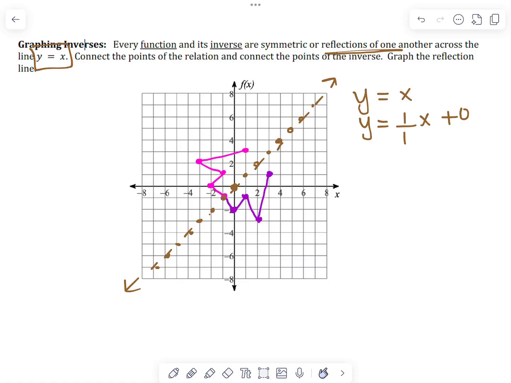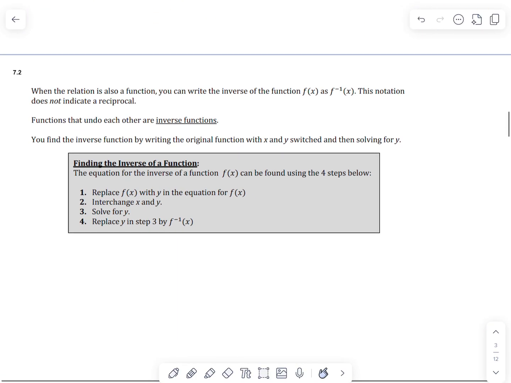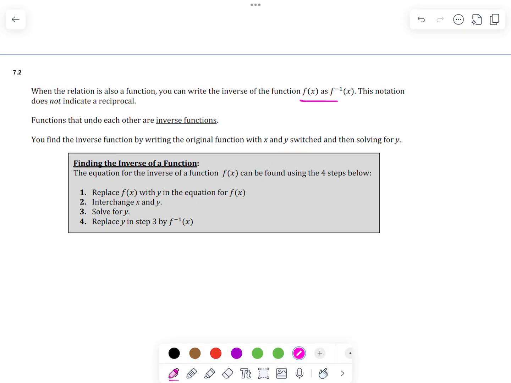That happens every time for inverses. When the relation is also a function, you can write the inverse as f of x as f to the negative 1 of x.